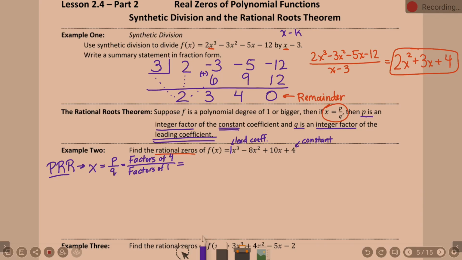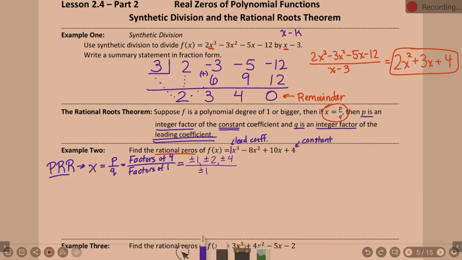So I'm going to list this as plus or minus 1, plus or minus 2, and plus or minus 4. So always plus or minus. What are factors of 1? Plus or minus 1.